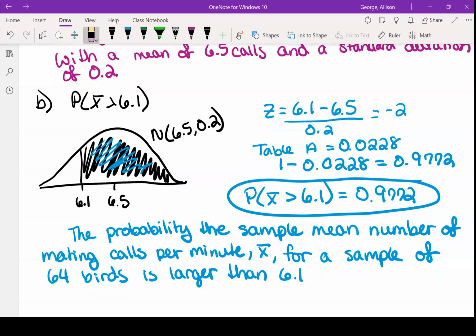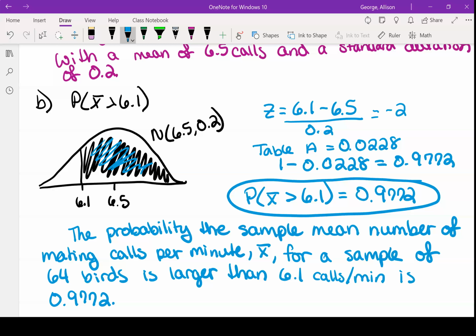Remember, we want to use our units. is 0.9772.